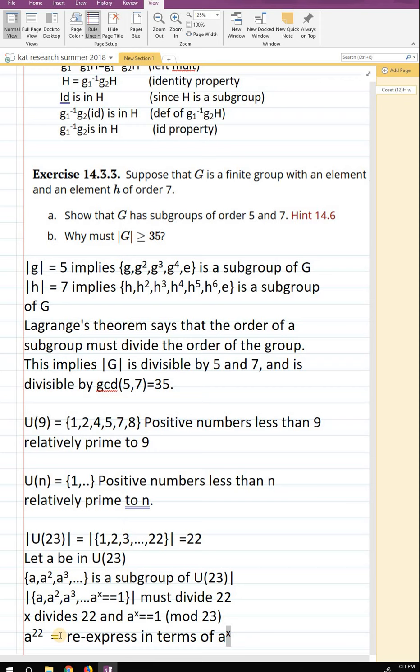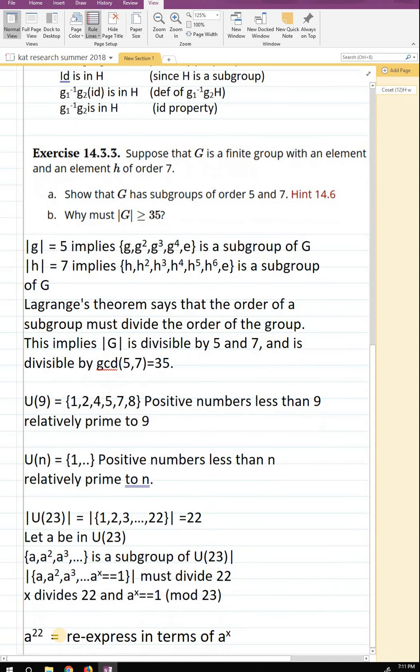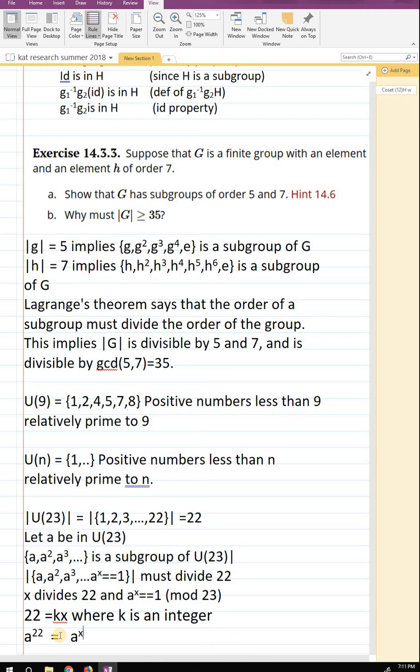A to the power of some number times x would equal a to the power of 22. So since x divides 22, I can write 22 equals kx, where k is an integer. Then a to the 22 equals a to the kx. So that's something I can do.